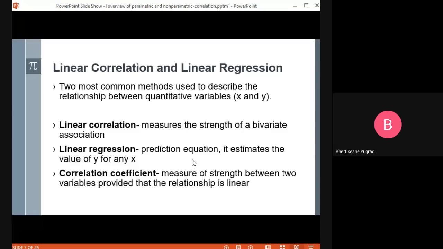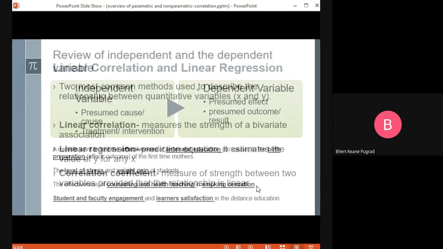Look at or determine the prediction between anxiety level and their performance during an exam. We also have the correlation coefficient. This is a measure of strength between two variables, provided that the relationship is linear.